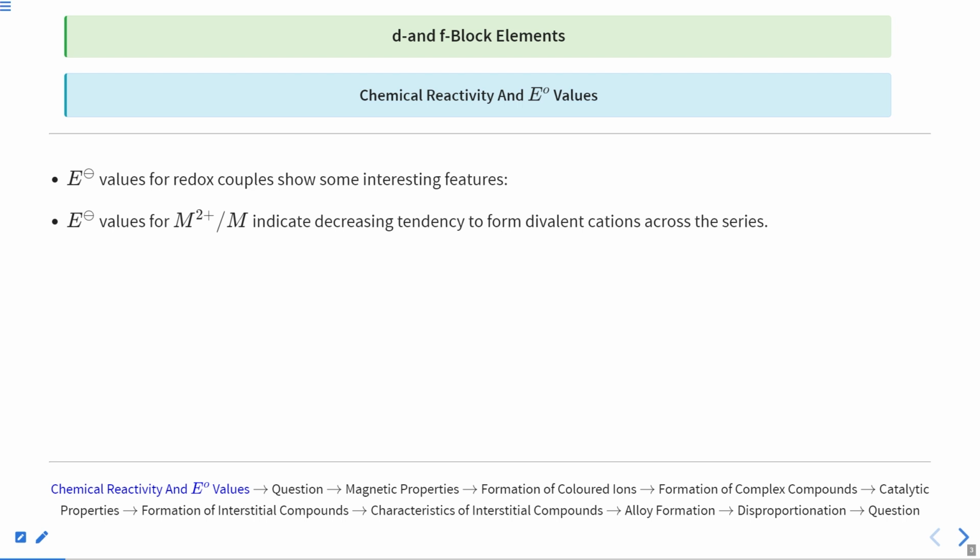If you go across a series from left to right, then you will see that the tendency to get oxidized reduces, or you can say the reduction potential value is increasing. Clear? Okay.